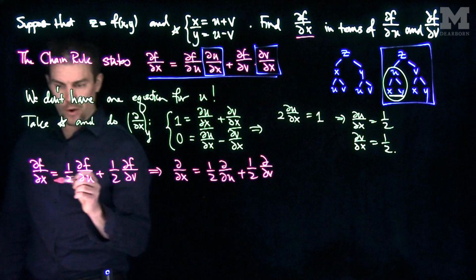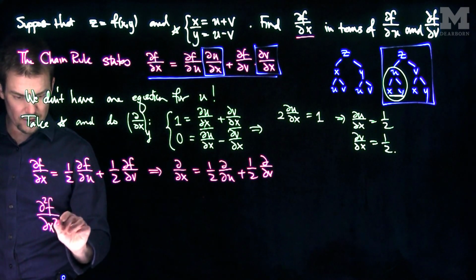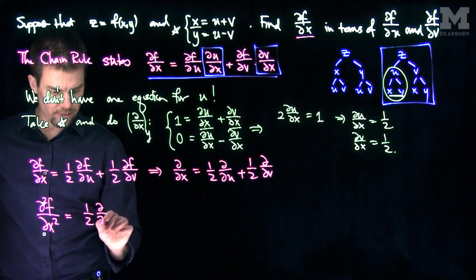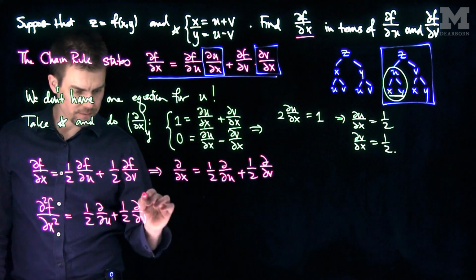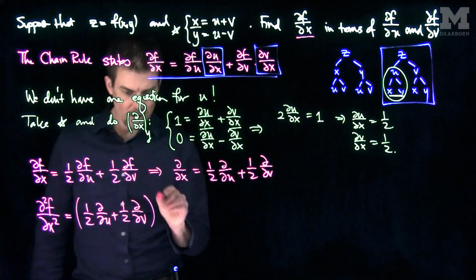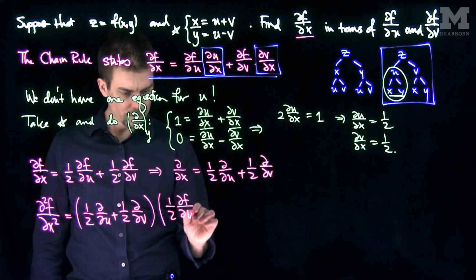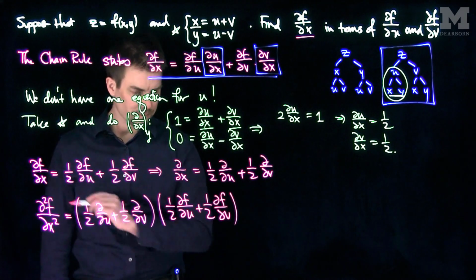So for example, if we wish to find partial squared f partial x squared, what we would have is 1/2 of a u derivative plus 1/2 of a v derivative of 1/2 df du plus 1/2 df dv.